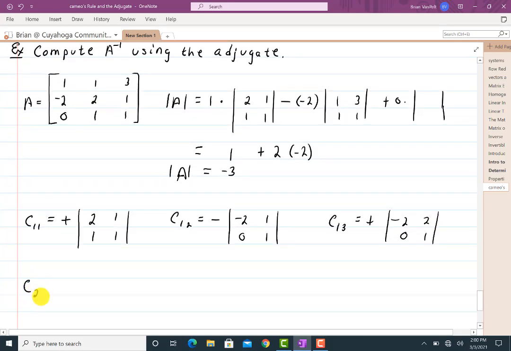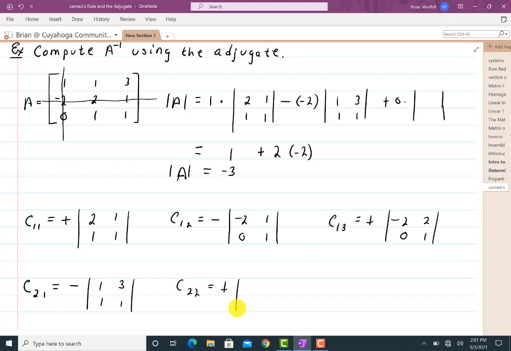Let's move on to C2,1. This one will have a negative. You just alternate positives and negatives. 1, 3, 1, 1. You'll notice on the diagonal, these things are always positive, because when you take negative 1 to something like I plus I, that would be negative 1 to the 2i. And when you take any negative number to an even power, you get a positive.